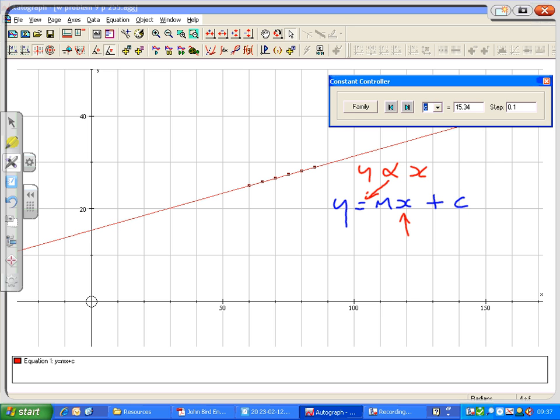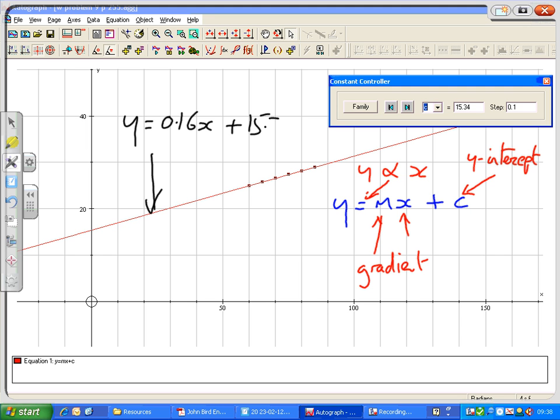If we look at this data, what does it mean if it's a straight line? It means that if x increases, y increases, but at the same sort of rate. That's what we mean by proportional to each other. If they are proportional to each other, we can say they're equal to each other if there's some constant of proportionality included, which in this case is m. And playing around with this, we notice that m is all to do with the gradient of the line, and c is to do with the point at which it cuts the y-axis, called the y-intercept. So for this particular graph, we've got y equals m, which turns out to be 0.16, x plus 15.34.